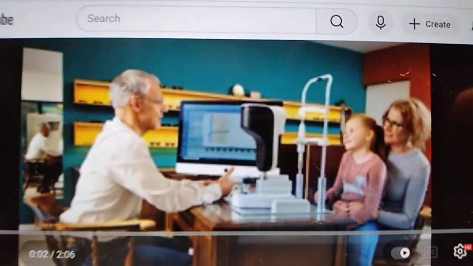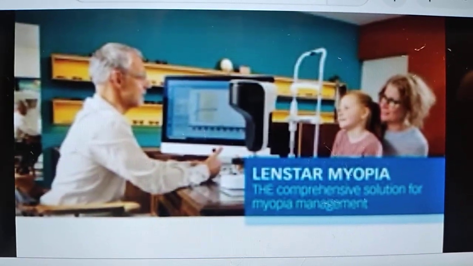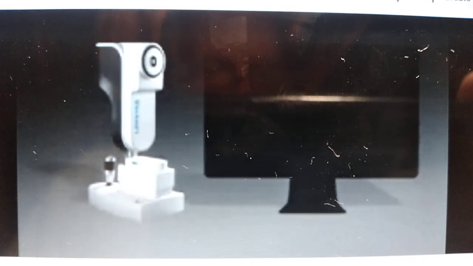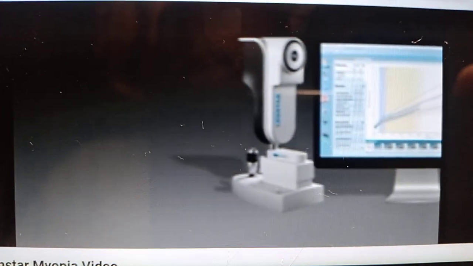Here we go. They show some curves. They claim it helps slow down myopia.